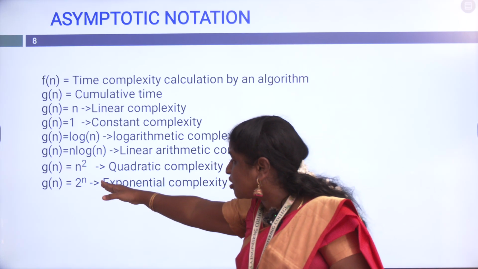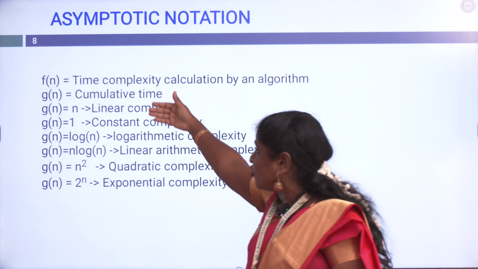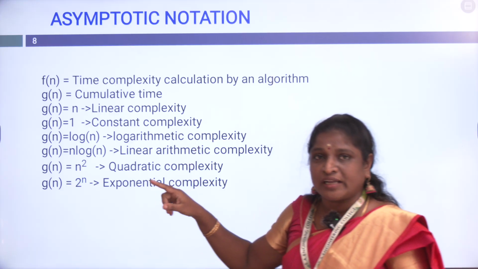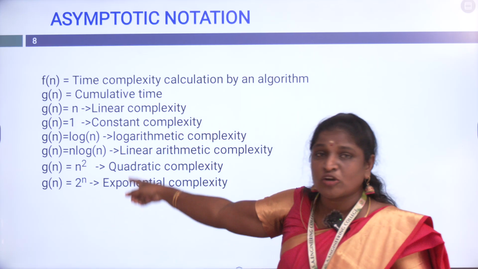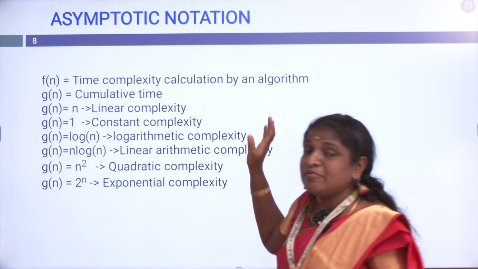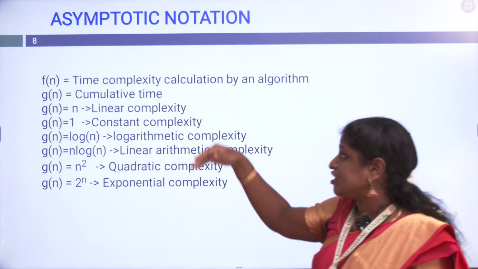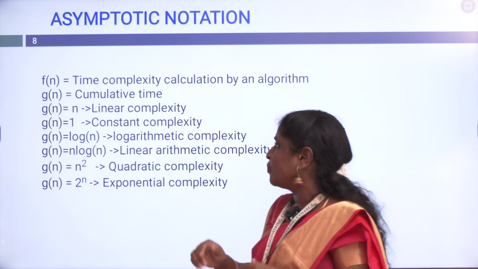If it is 2 to the power of n, then exponential complexity. Why do we go for g of n? Because we fix the notation based on f of n and g of n. f of n is the time complexity calculation done by an algorithm, and g of n is the cumulative time taken for the particular set of problems.